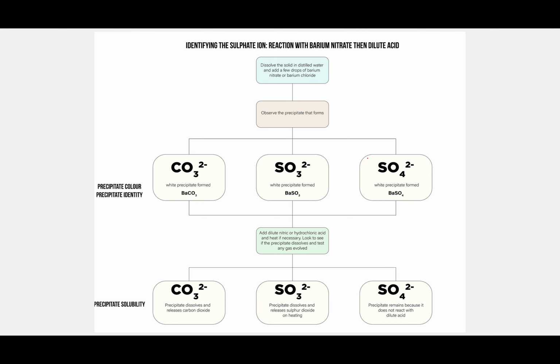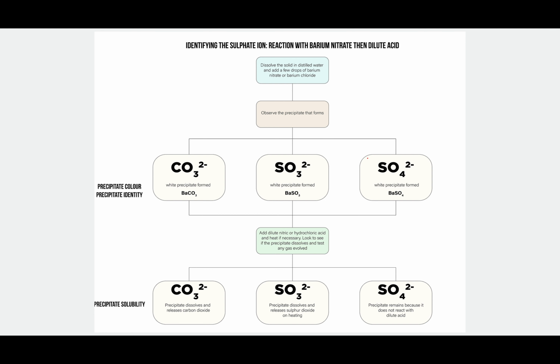Barium sulfite and barium sulfate are white precipitates as well. So you have to look at the SO3 2- and the SO4 2-, the sulfite and the sulfate.